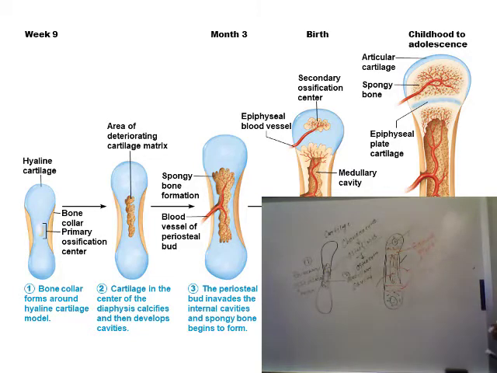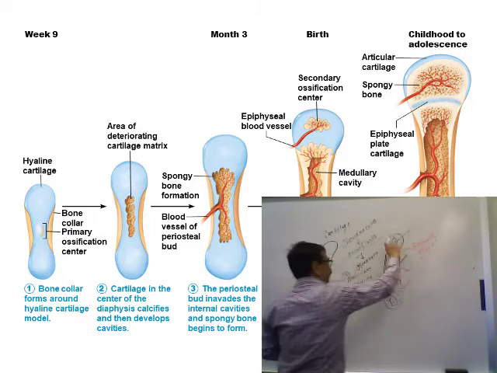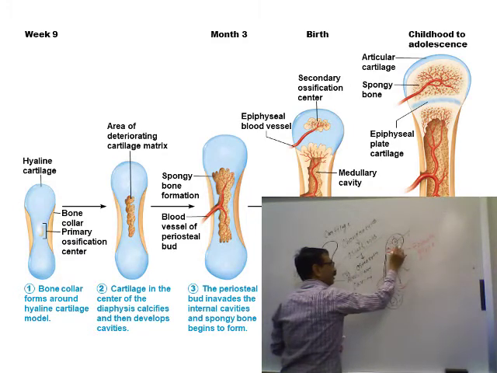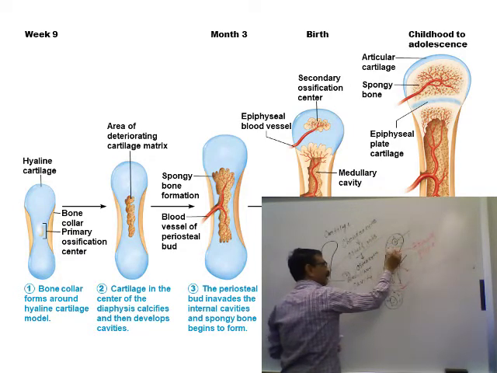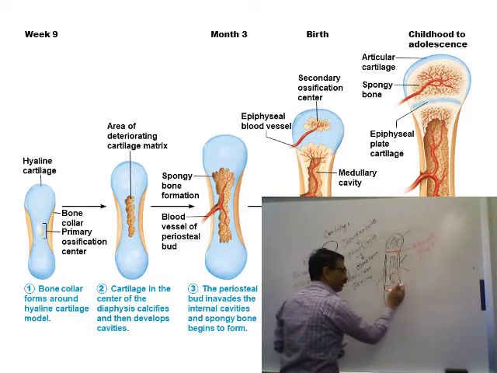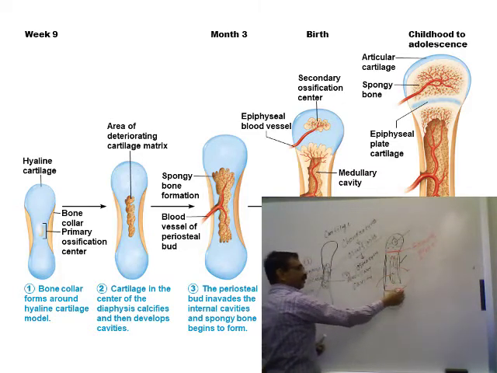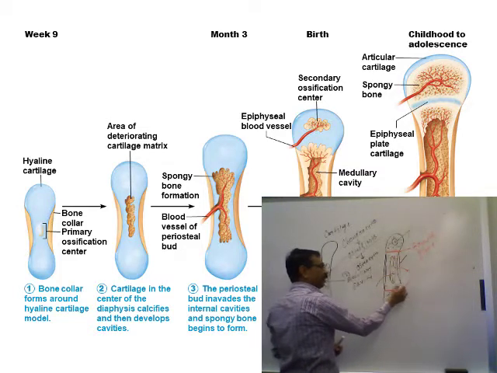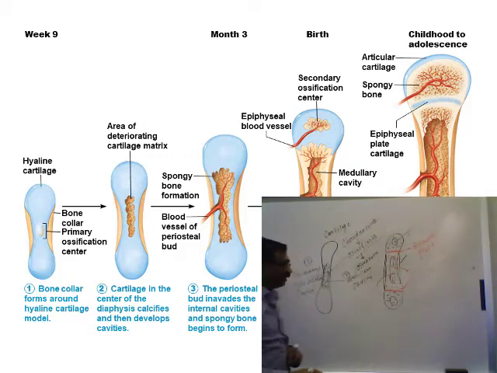Eventually what will happen, when they meet, you will see a thin line here that is left there. A thin piece of hyaline cartilage will be left there after the completion of bone formation.